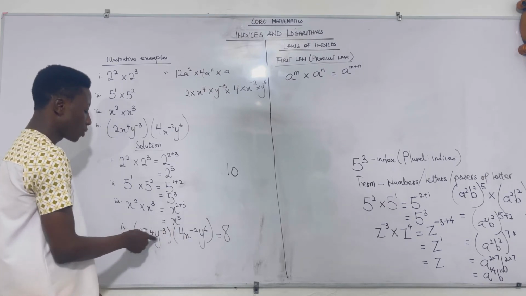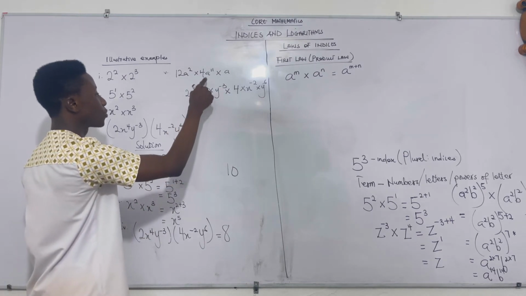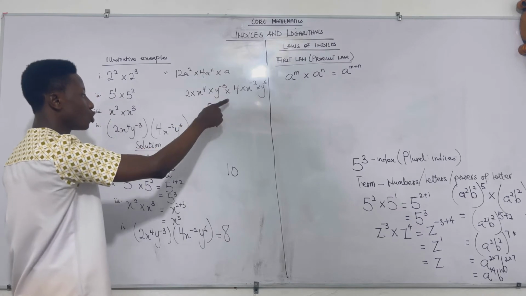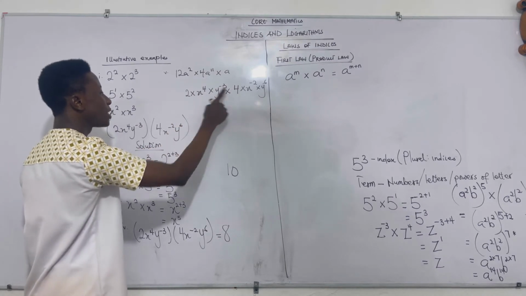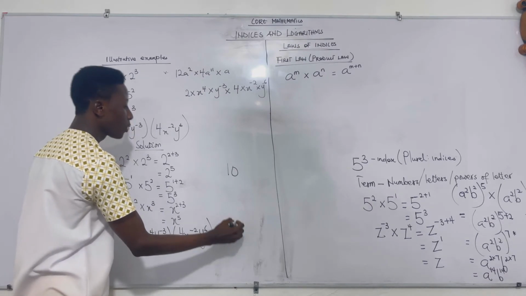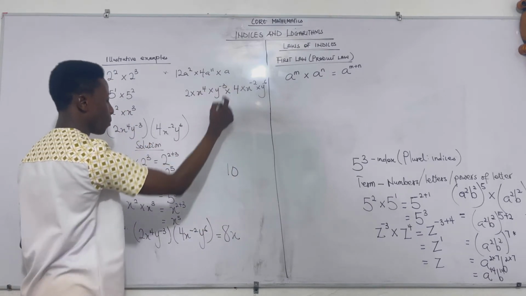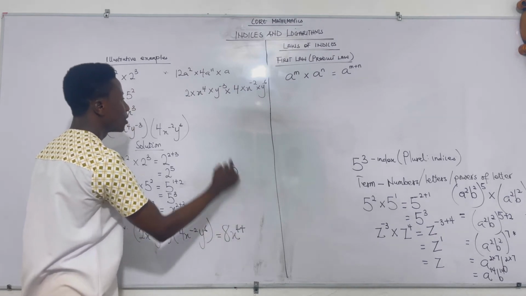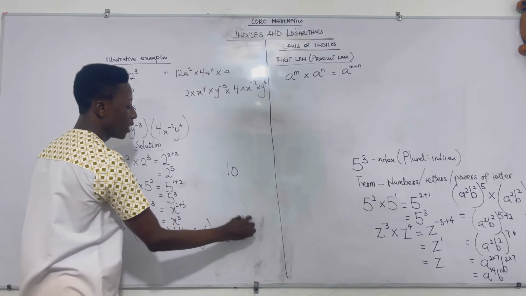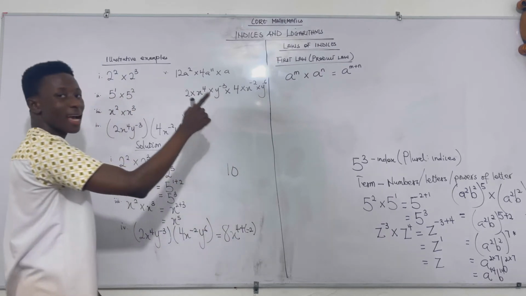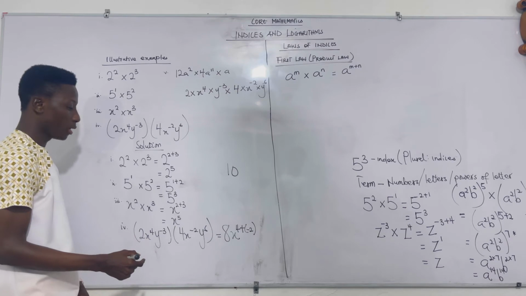You can see x exponent 4 and then x exponent negative 2. They are the same, and everything you see is multiplying. So you pick one of them, and with the powers you add them. So I will have x exponent 4 plus minus 2.